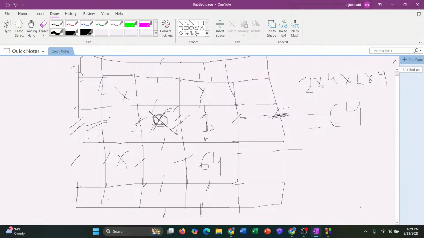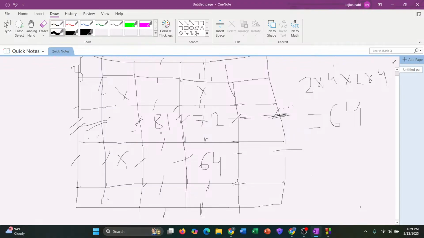So the highest number of subgrids is in this cell, which is 81, the second is this cell, which is 72, and the third is this, which is 64.